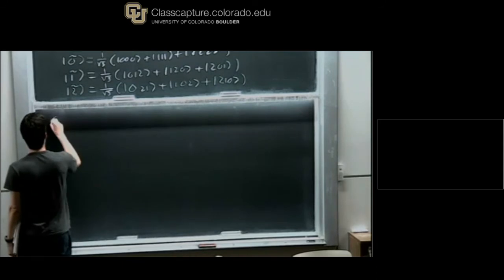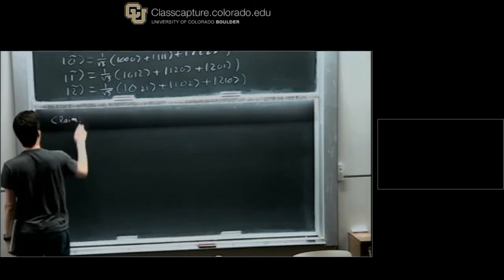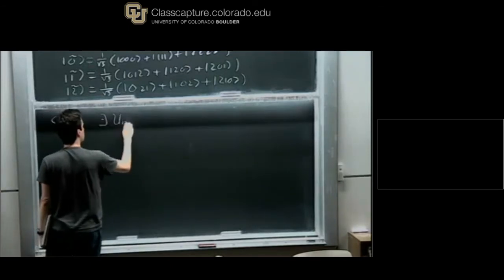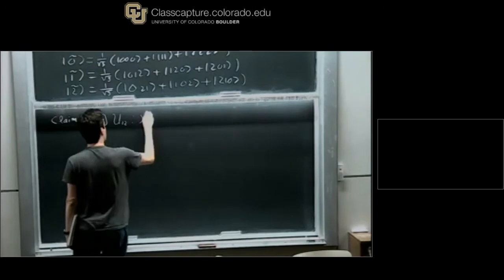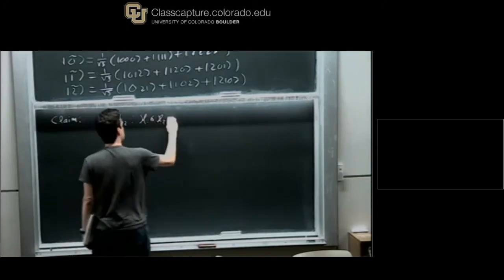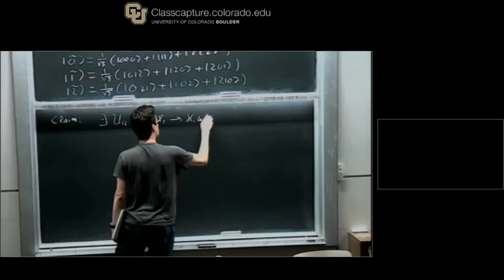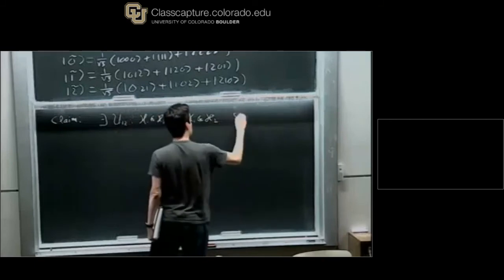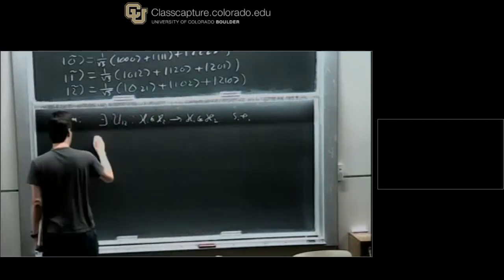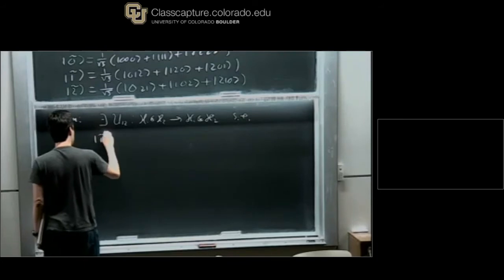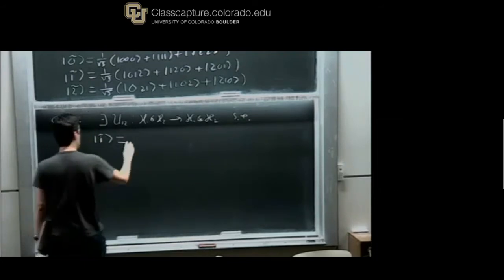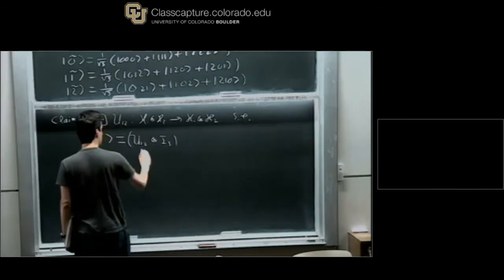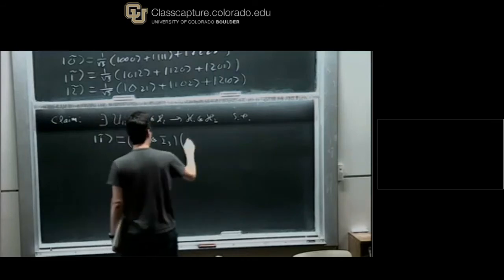So here's the big claim. The claim is that there exists a unitary operator, U12, which acts on the Hilbert space of the first 2 qubits, which has the property that the encoded state I tilde is equal to U12 tensor the identity on 3, acting on a state which looks like this.